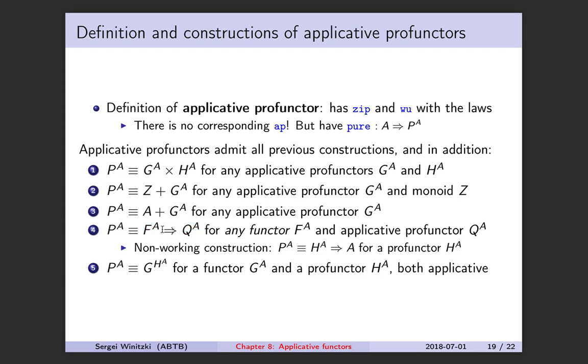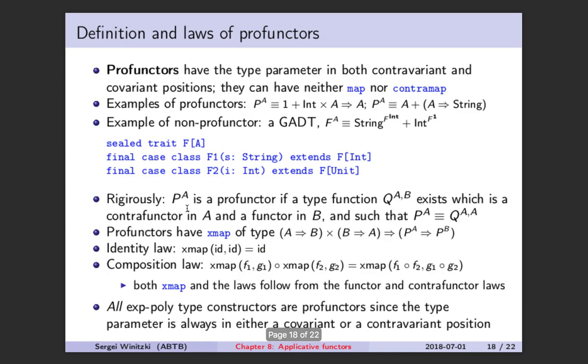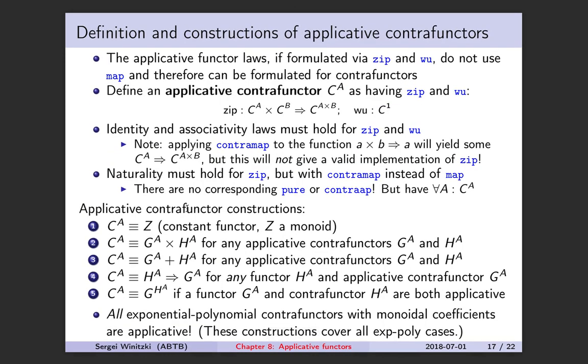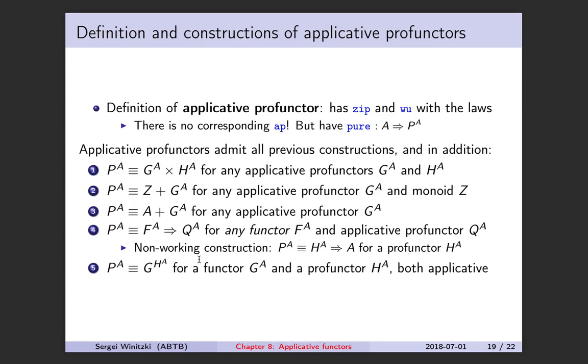Now, a function works, and all these constructions work in exactly the same way as they work for the functor. And this works in exactly the same way as it works for contrafunctor. You see, here it's a functor. It's not contrafunctor, it's a functor. It's important.